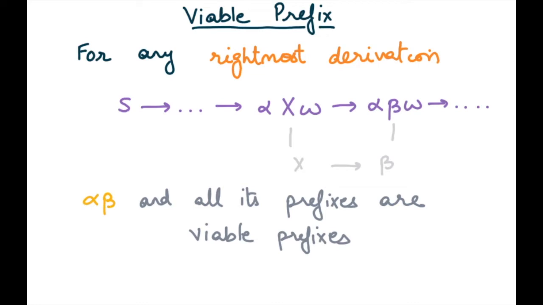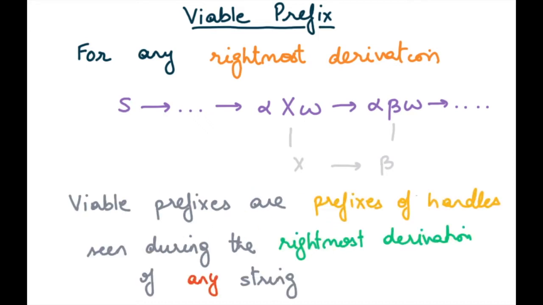Here we are not really interested in the derivation of a particular string, we are saying for any possible string. The second important difference is that not only are we interested in the handle, which is alpha beta, but also all its prefixes, and those are also going to be called viable prefixes. So viable prefixes are prefixes of handles seen during the rightmost derivation of any string.